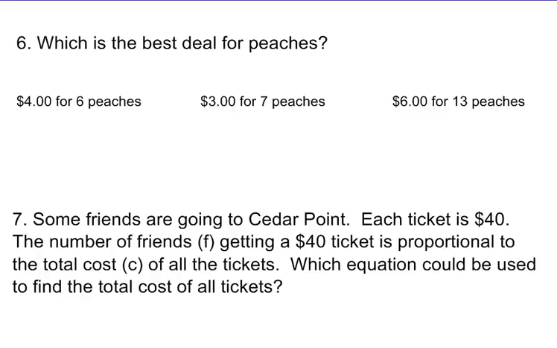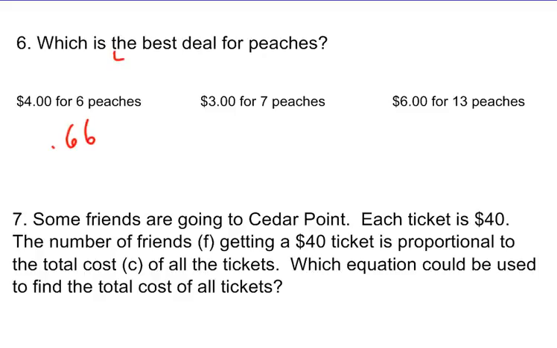Question 6 is more practice with unit rate and comparing unit rates to see which is the best deal. If I divide $4 by 6 peaches to see how much it is per peach, my answer is going to be 66 cents for 1 peach.